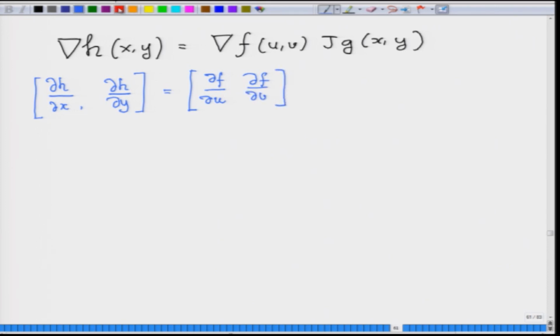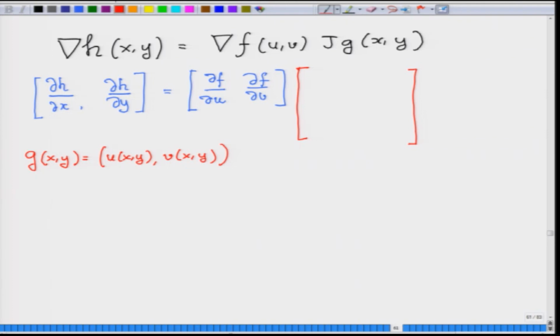So, what is the Jacobian matrix of g? The Jacobian matrix is of a function from R2 to R2. So, it is a 2 cross 2 matrix. So, we will take the gradient of g, in this case u and v. So, g of xy is u of xy, v of xy. So, for the Jacobian matrix, first I will take the gradient of u and put it in the first row.